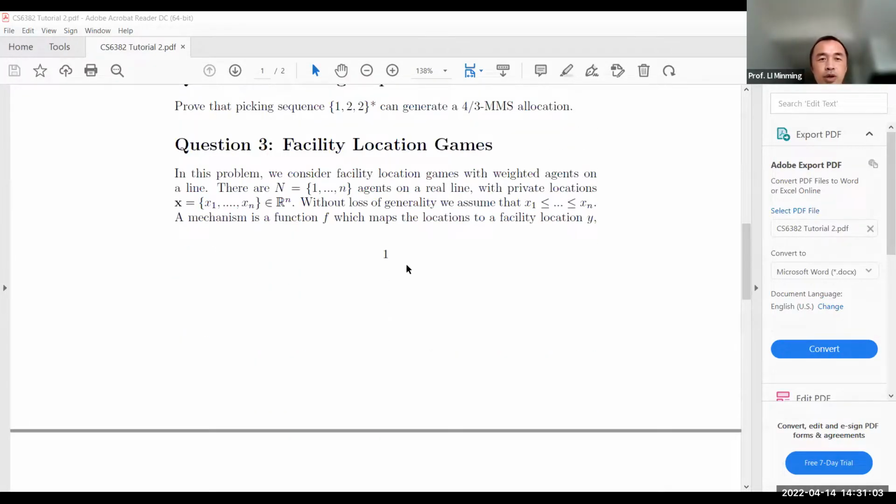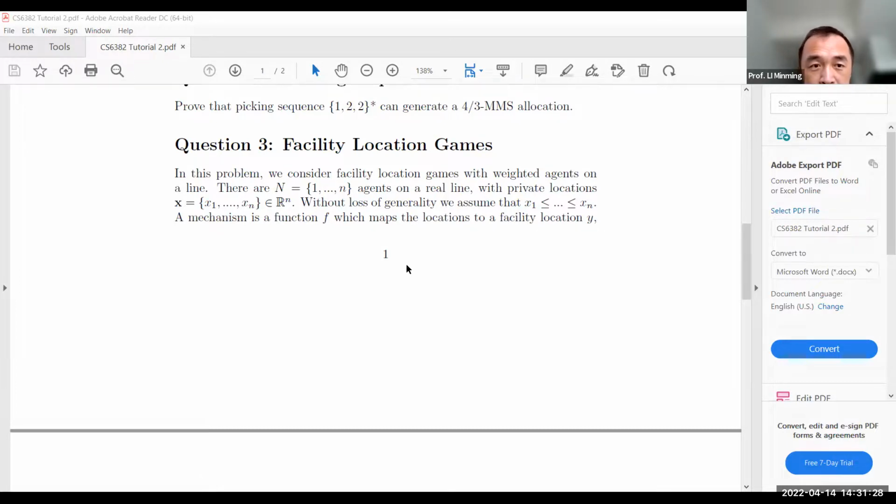So in the tutorial, there is one remaining question on facility location games. And this also comes back to the scope of the exam question on facility location, right? Although I will not explicitly mention that, you could somehow guess according to your judgment, all right?